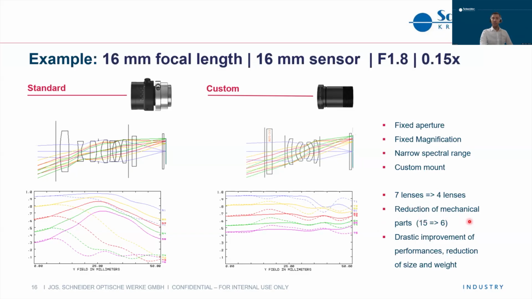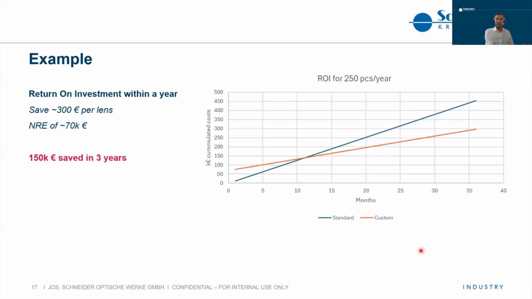It means we reduce the number of parts by a factor of 2, and we reduce the price also by a factor of 2. So drastic improvement in performance, reduction in size, weight, and price.